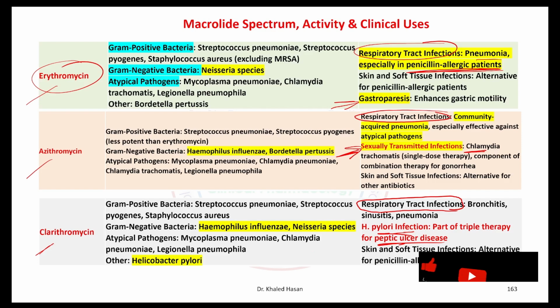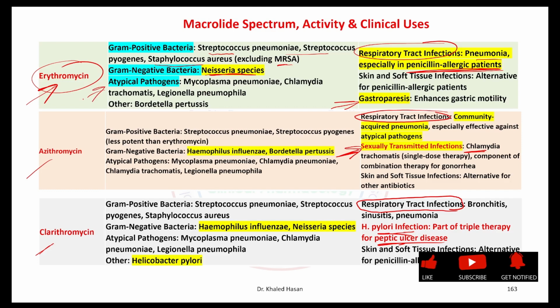All these here show us some modifications. For example, erythromycin has a spectrum similar to penicillin G. It covers Streptococcus pneumoniae, Streptococcus pyogenes, and Staphylococcus, excluding MRSA. Erythromycin is an effective treatment for Neisseria species.